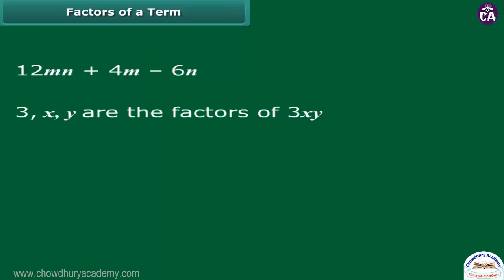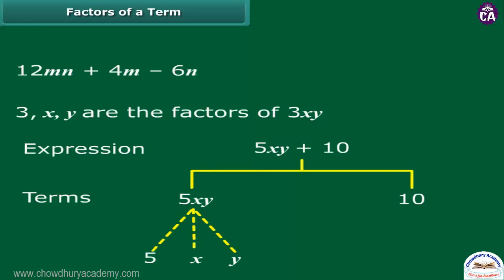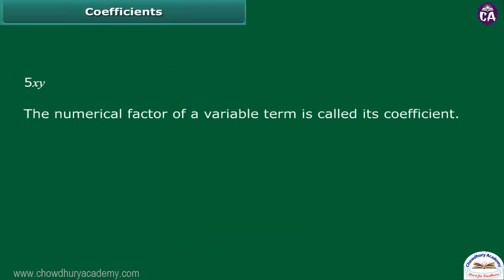Do you know we can also represent 5xy plus 10 by a tree diagram? See, the dotted lines are used here for factors and continuous lines for terms. Remember, the factors cannot be further factorized. The numerical factor of a variable term is called its coefficient.